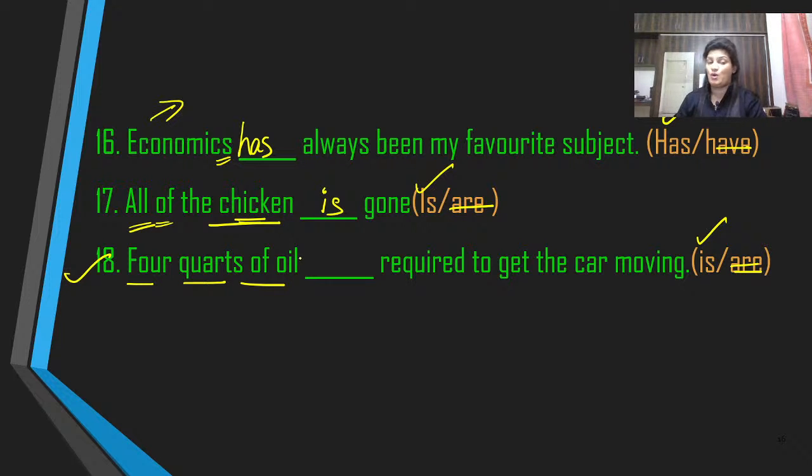Oil is uncountable now, no denial there, but we are not taking oil into consideration over here. We are going to take the measurement of the oil, and we are not, in fact, taking that 4 or the quarts into consideration, but instead we are just going to take that one measurement. When you say 4 quarts of oil, we are taking that one measurement into consideration, and that is why that is your singular.